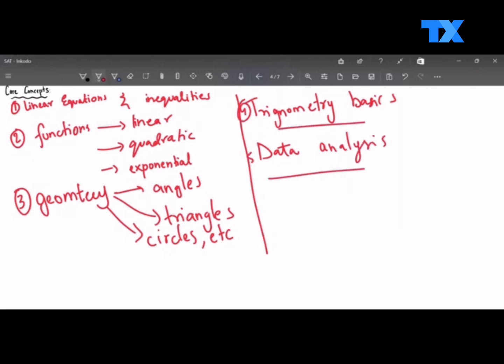Okay, so these are the 4 or 5 core concepts. This is just an outline of those concepts. When we discuss, there might be a few things you might need to know more to score excellent marks in the SATs.